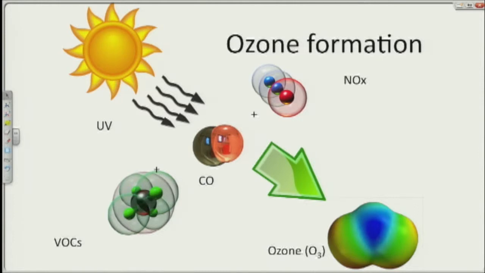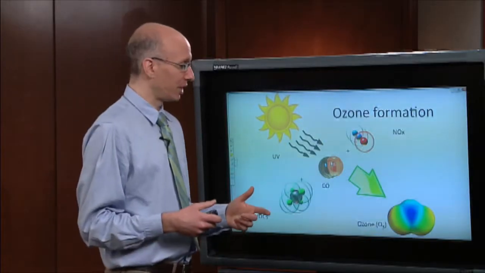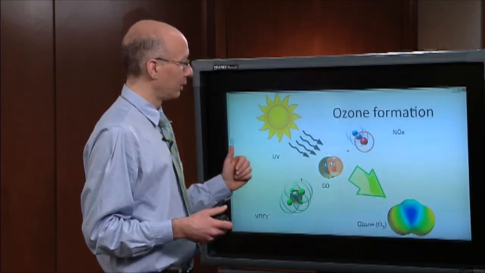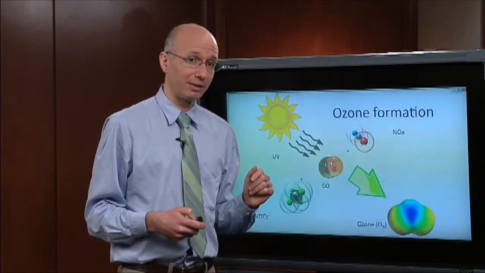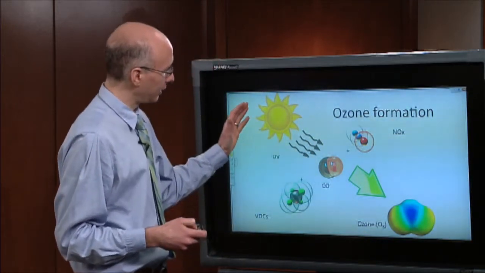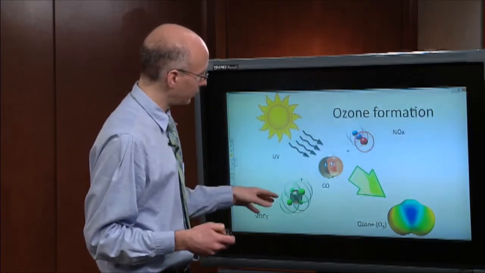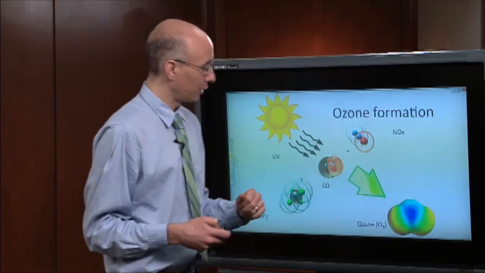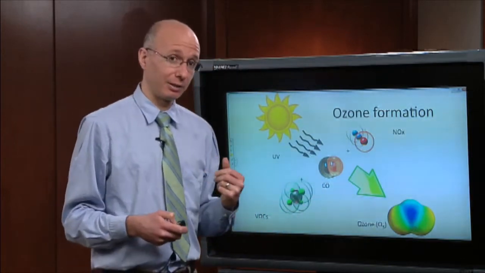And you need to get those things mixed together with ultraviolet radiation from the sun to come together, and that produces ozone. So ozone formation depends upon ultraviolet radiation from the sun, but it also depends upon temperature. And this reaction of these elements with ultraviolet goes to completion faster at higher temperatures.